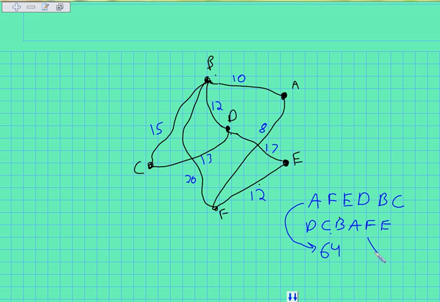So this one gives me an efficiency of 58. In this case, I said that my weighting was an efficiency, so I wanted to make that number as small as possible. So this is the better of the two. If I wanted to make that number as big as possible, of course I would go with the bigger number.